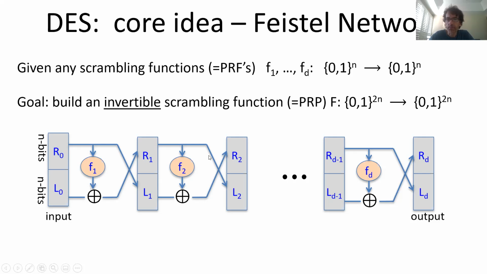Then I recurse. I use the second permutation, PRF, in other words, the same PRF, but with the second key. And I do the same circuitry as before, but just with the new register, left and right, using the second round function. And so on, I do this for d rounds.